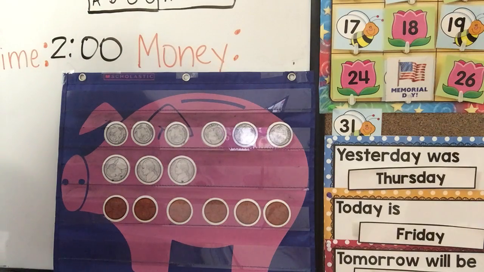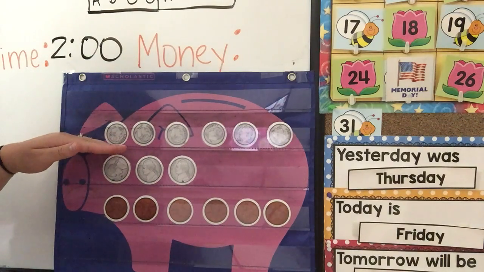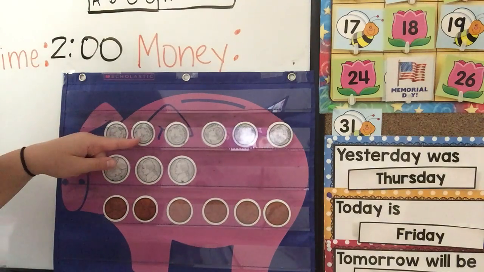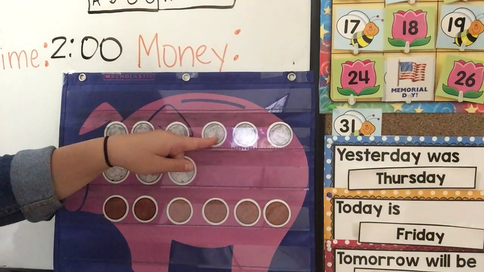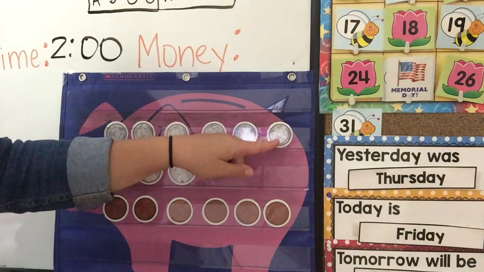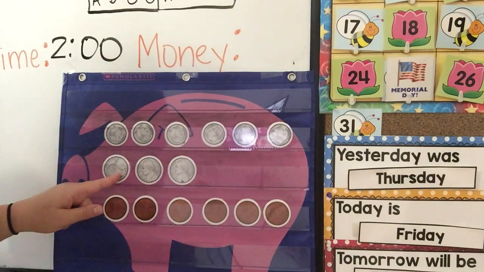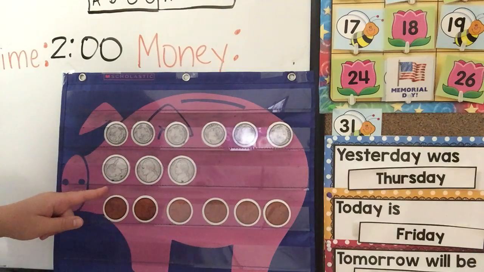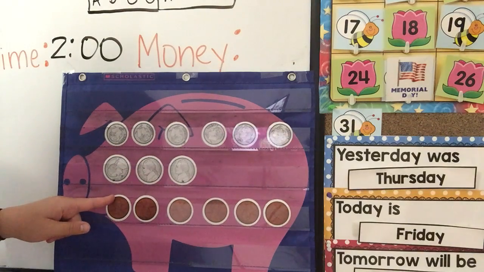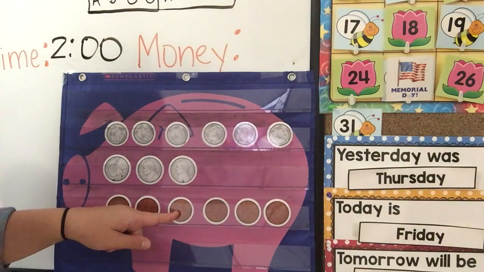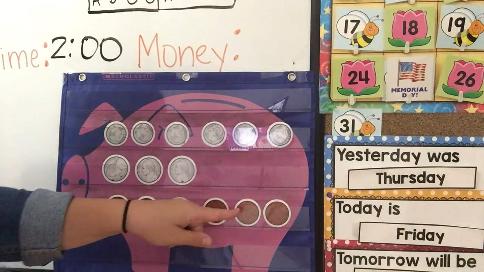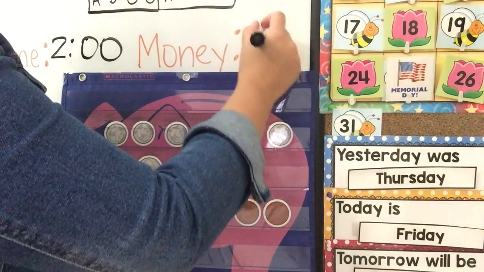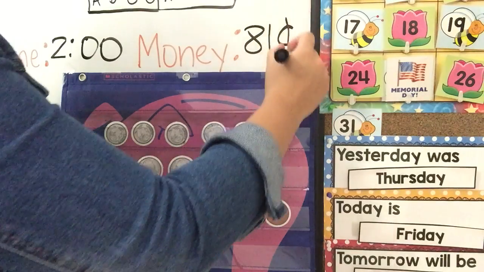Let's do that one more time, counting by tens first, and then fives, and then ones. So start with your tens. 10, 20, 30, 40, 50, 60, 65, 70, 75, now by ones, 76, 77, 78, 79, 80, 81 cents. So our money is 81 cents.